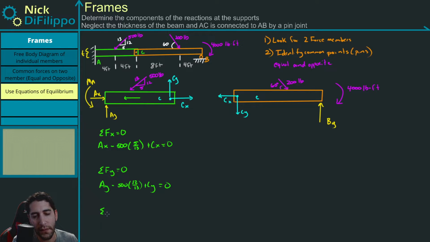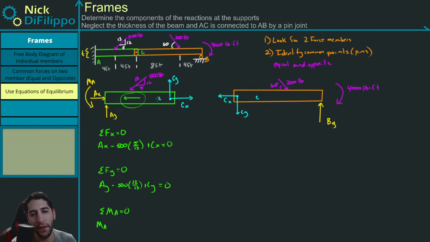And the last equation I'm going to use, I'm going to do the sum of the moments about A is equal to 0. So AX, AY go through point A. Well, I can't forget my moment. So my moment A. And the X, this is why the thickness being negligible is important.